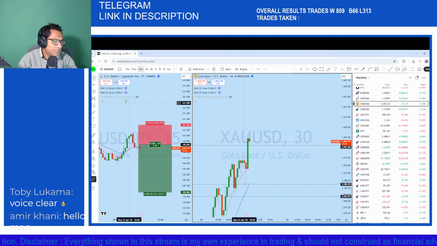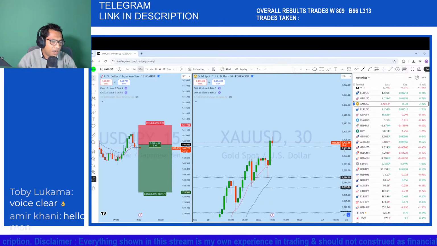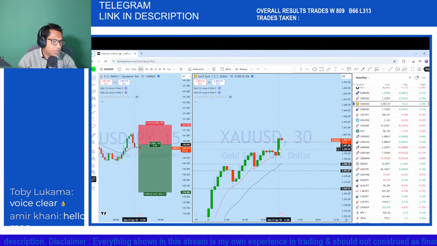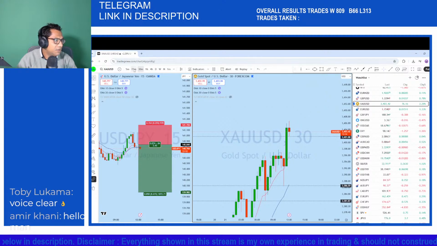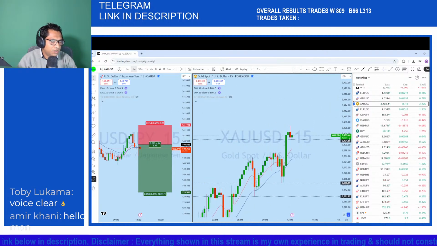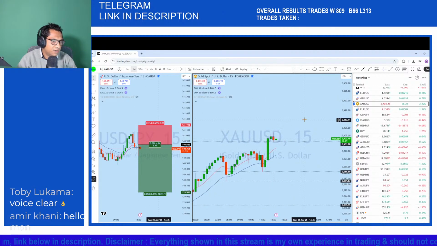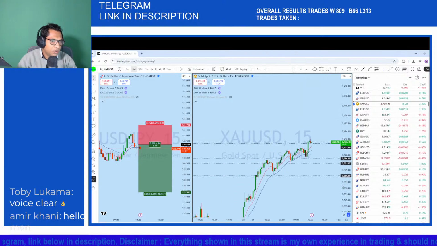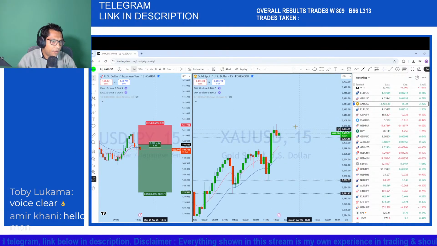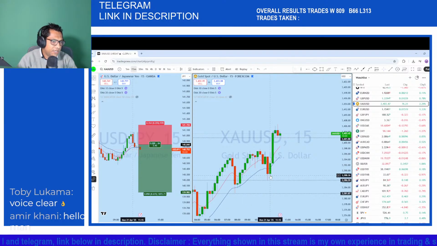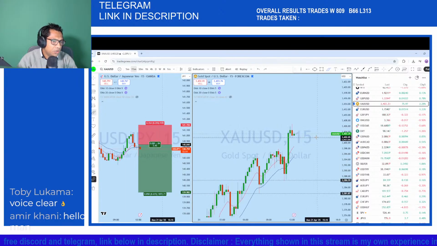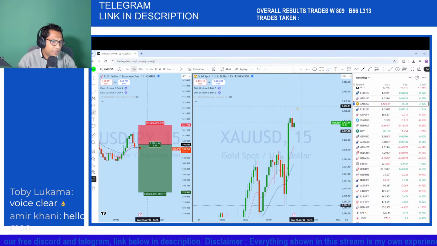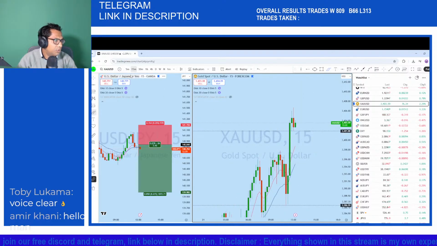So here is what we can see on the lower time frame, with this bullish engulfer on the 30 minutes, and with this on the lower time frame we can see another impulse. What we can see in this move is a clean impulse to the upside on XAUSD. So any pullback is where the opportunity is in the market.